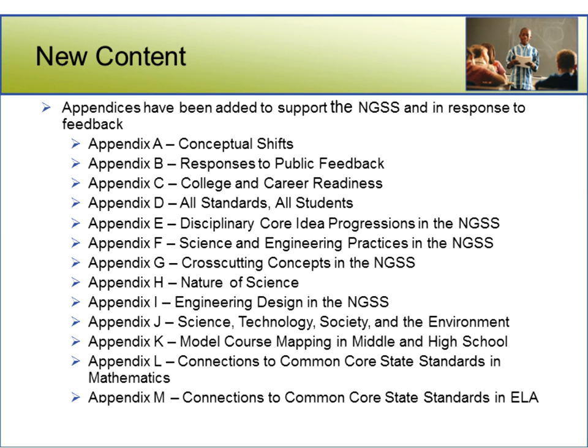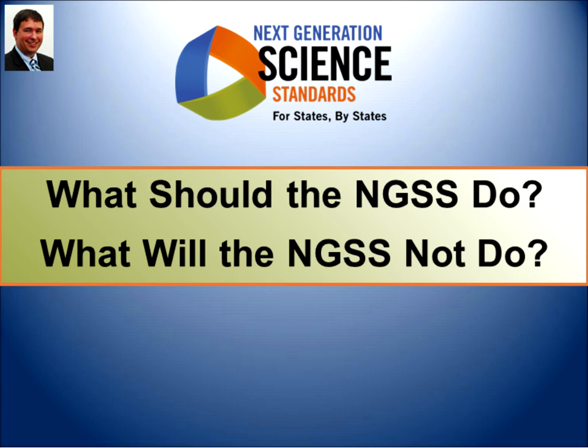In the final draft, which will come out by the end of the month, you will see that it's been expanded to high school and into all the areas of the content. And Appendix M is a new one, with connections to the Common Core State Standards in English language arts and literacy.